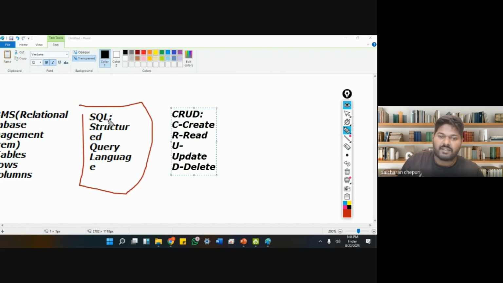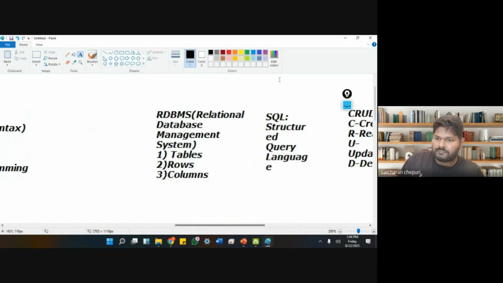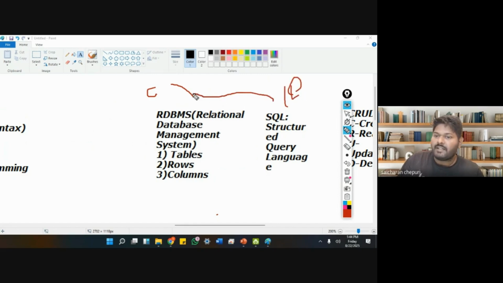So SQL, Structured Query Language, is a language, and Relational Database Management System is a concept. Using this language and this concept, we will be able to store the data, and we will be able to retrieve the data faster.